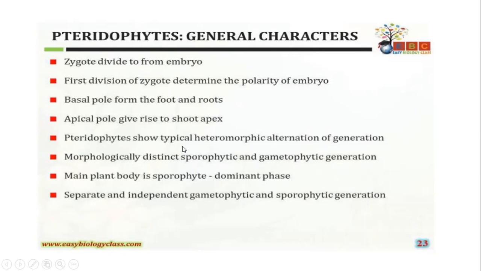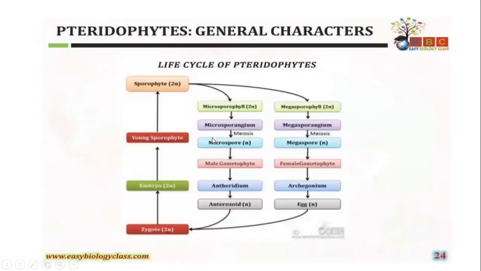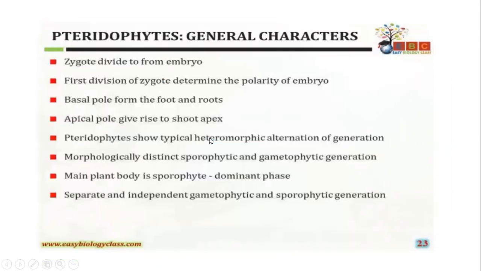So the pteridophytes show a typical heteromorphic alternation of generations, having a distinct sporophyte and gametophyte. The main plant body is the sporophyte, which is the dominant phase, and the gametophyte and sporophyte are independent of each other.